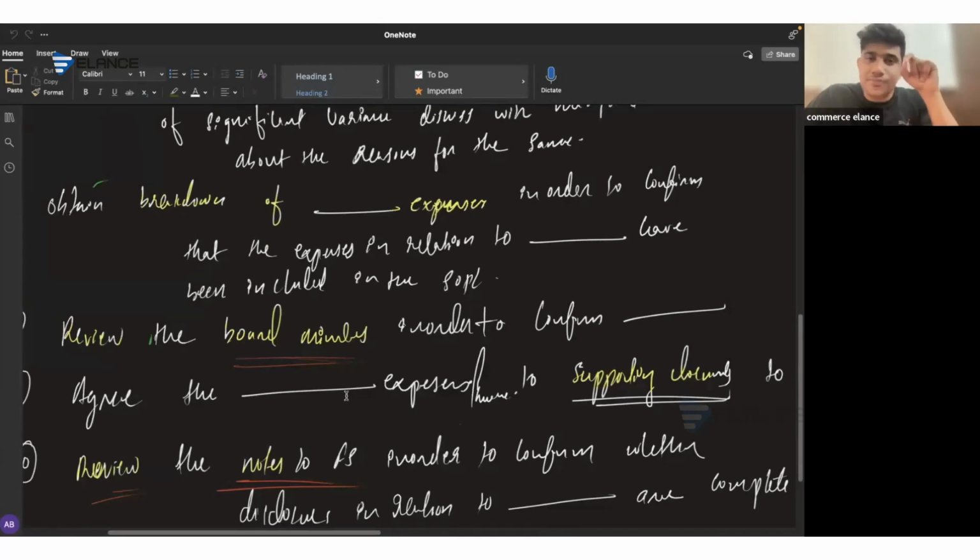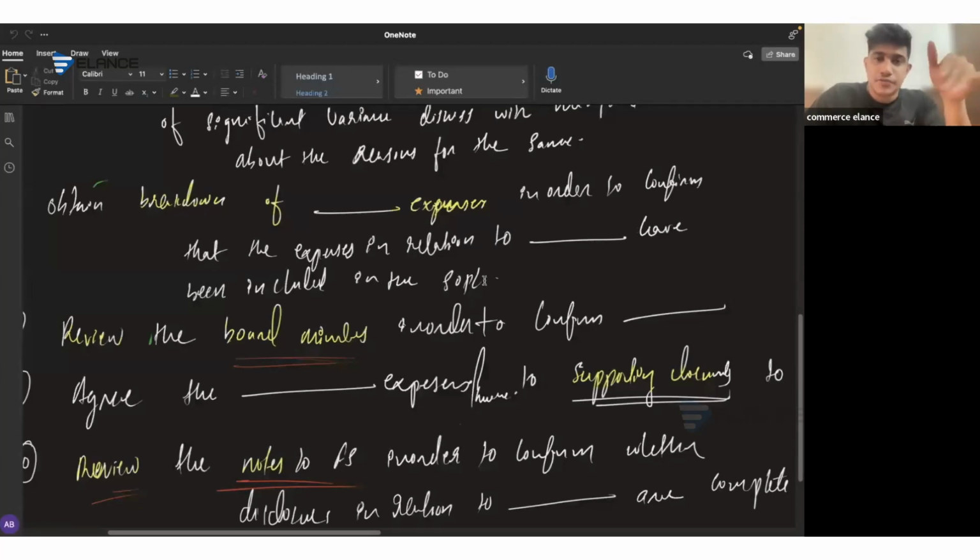If the company has included the redundancies amount, it will be within the operating expense, right? Because there is no other head to be included there. So in order to confirm whether the expenses in relation to redundancy are included, we can obtain the breakdown of operating expense in order to confirm that the expenses in relation to redundancy provision of 110,000 have been included in the statement of P&L.